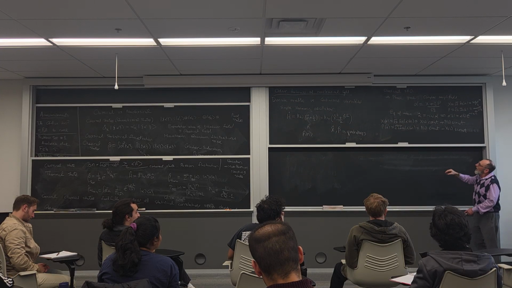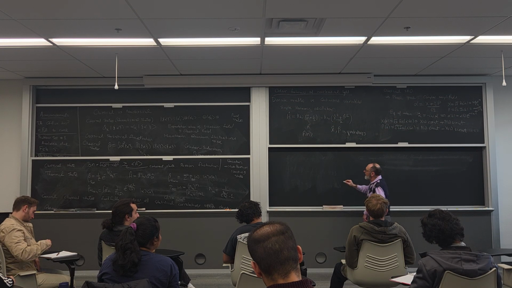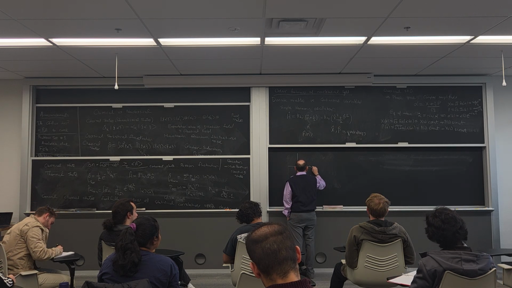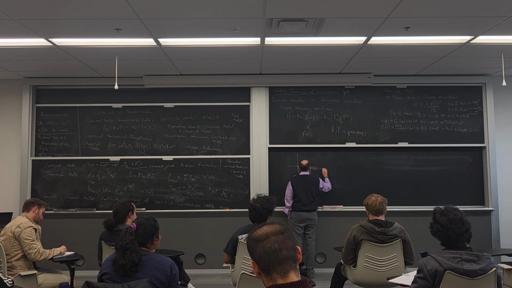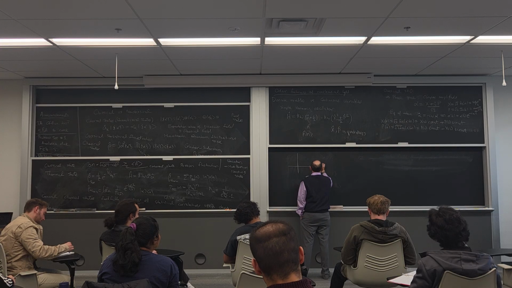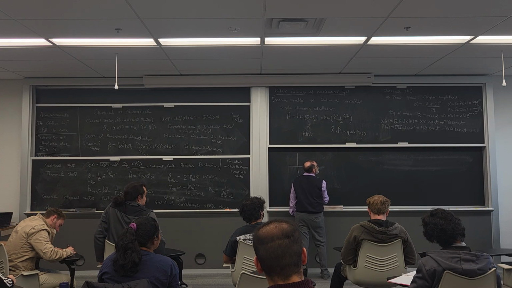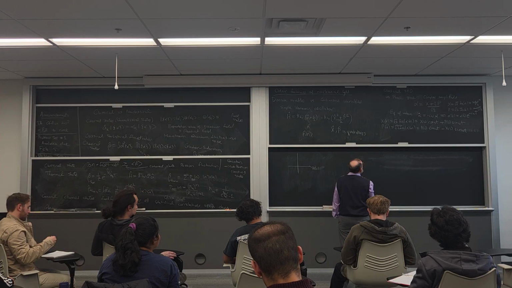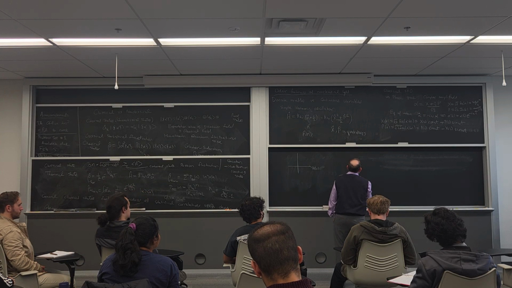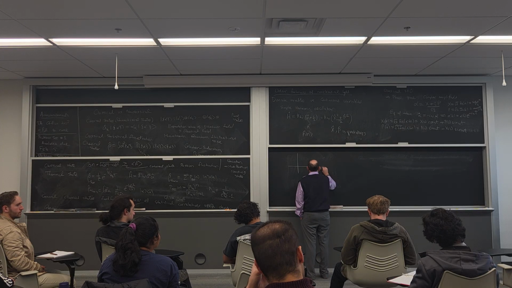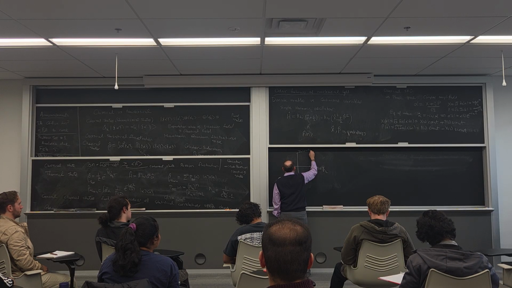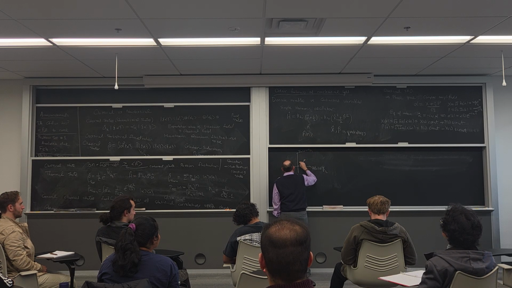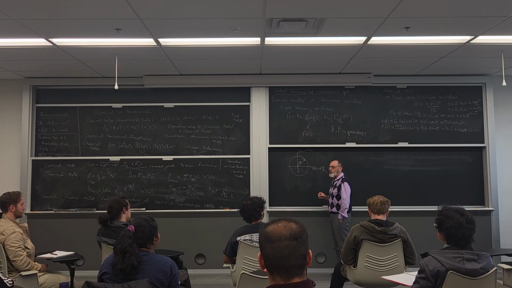So what we have in the phase space is a trajectory that looks like that, which is a harmonic motion.